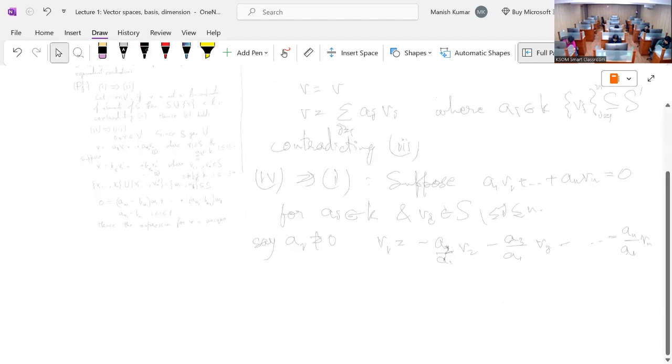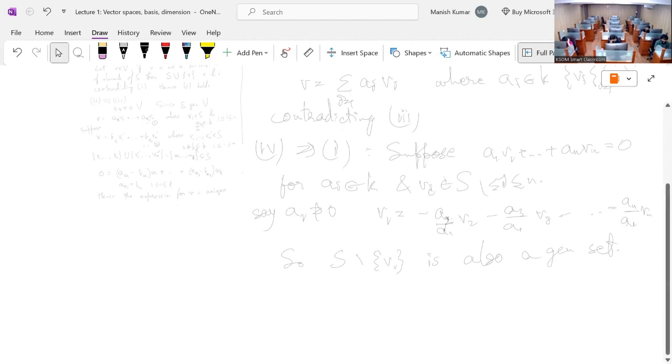So S minus V1 is also a generating set. Why? Because you take any expression for any element in V, and wherever V1 appears, you replace it by this expression, and that gives you a new expression for V, which involves only elements of S minus V1.